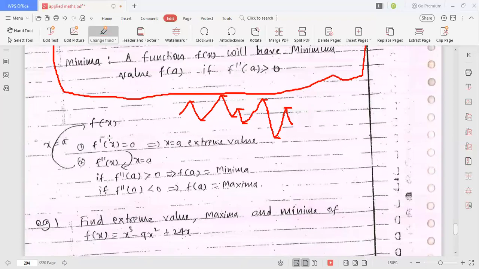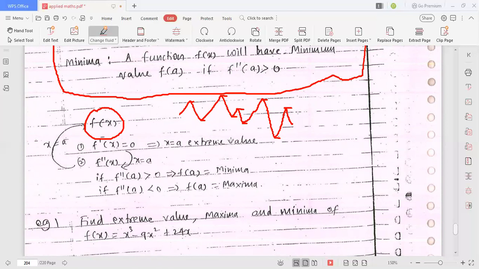Here I have explained 3 steps you have to follow. First, suppose this f of x is the given question. If you want to find maxima and minima for this f of x, then step number one is you have to first find the derivative f dash x. Then consider it equal to 0, and by solving this expression you will get x equal to a value.